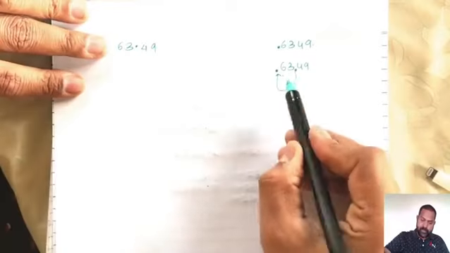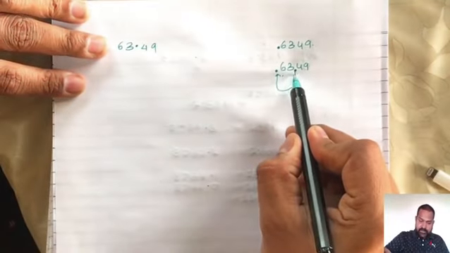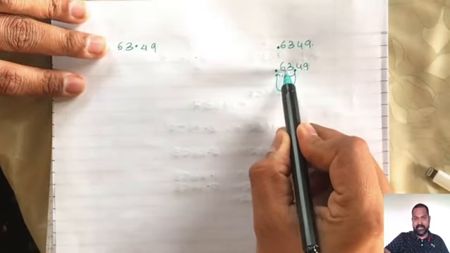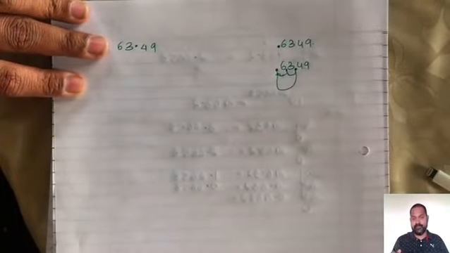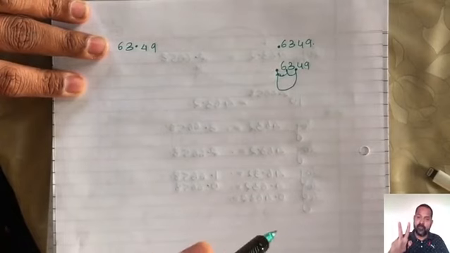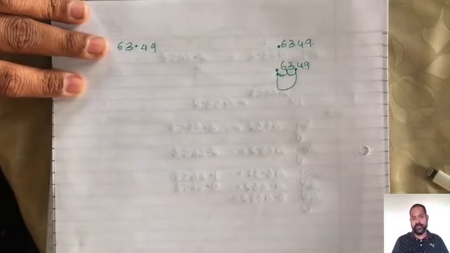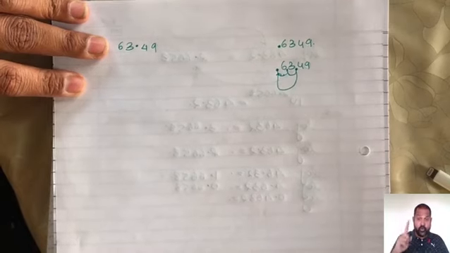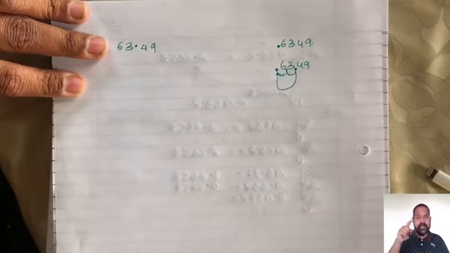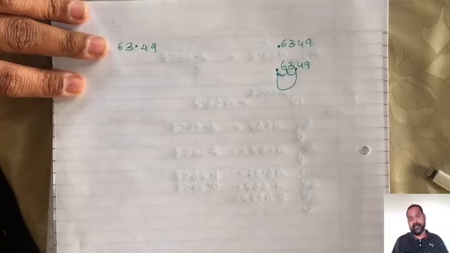Okay, so when I start from here, this is hop number 1 between the 6 and the 3, and this is hop number 2. I took 2 hops. If you took 2 hops, the number of places before the decimal is 2. I repeat, if you took 2 hops to the left, the number of places before the decimal is 2.